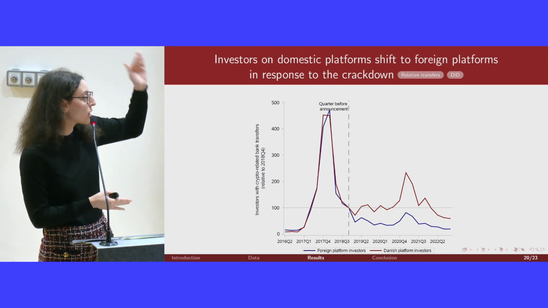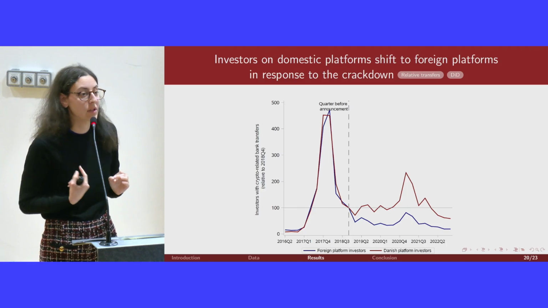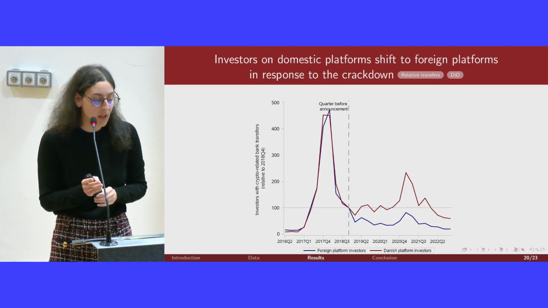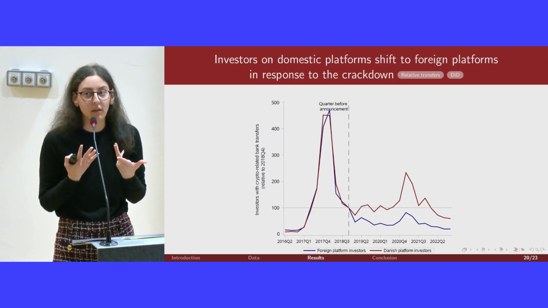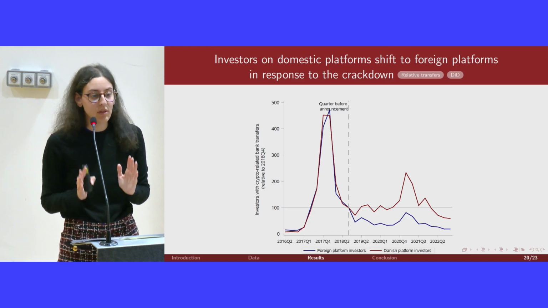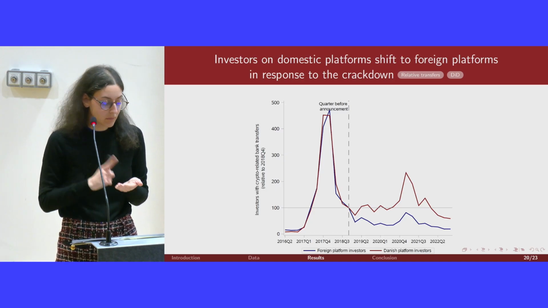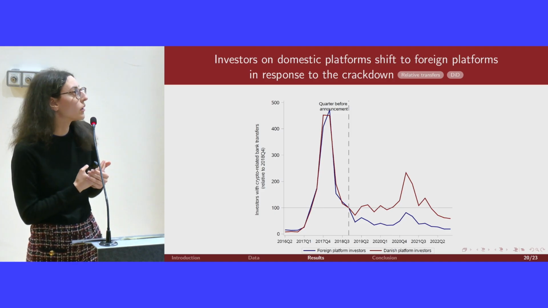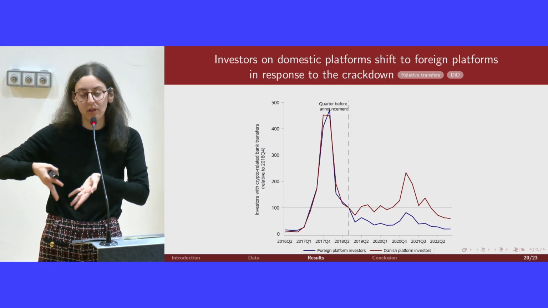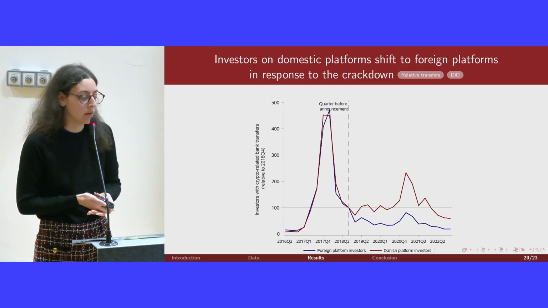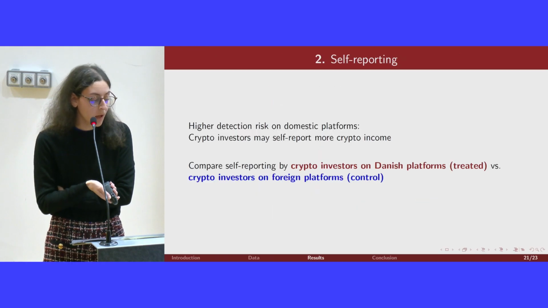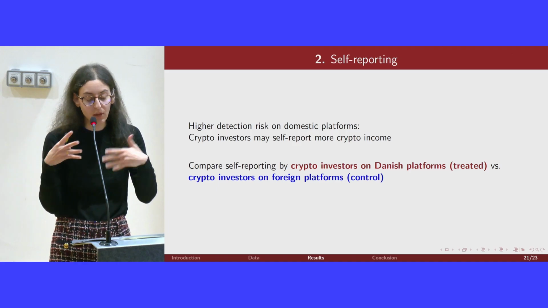They increased their bank transfers to the foreign platforms much more than those that are only on the foreign platforms. So we suspect that individuals on these domestic platforms are shifting from where there is now more transparency to more opaque platforms.